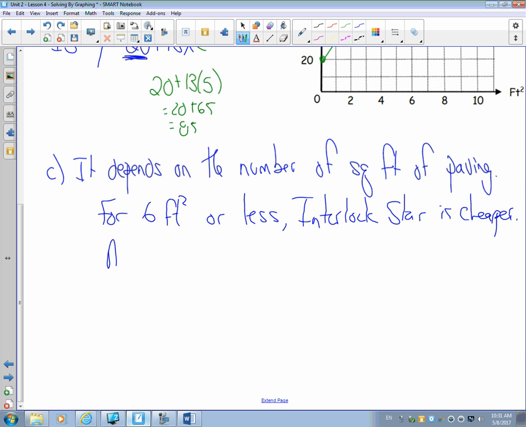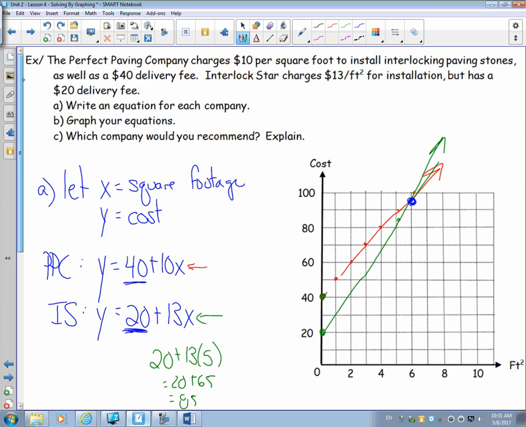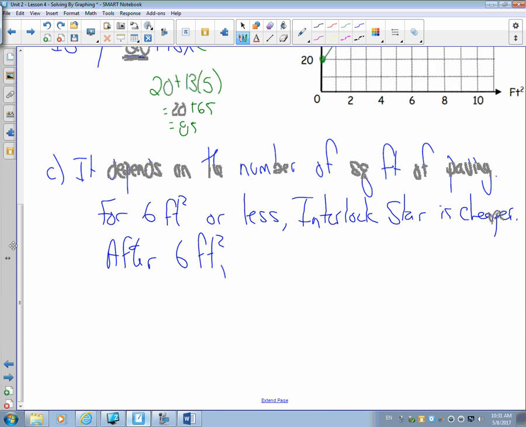After 6 square feet, whatever the other company was, Perfect Paving, something like that? Yep, Perfect Paving Company is cheaper.